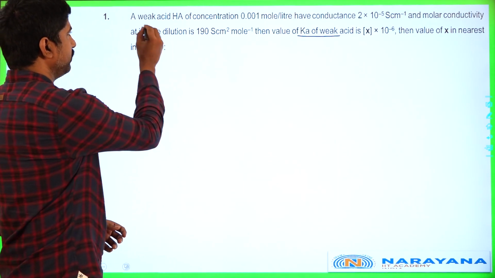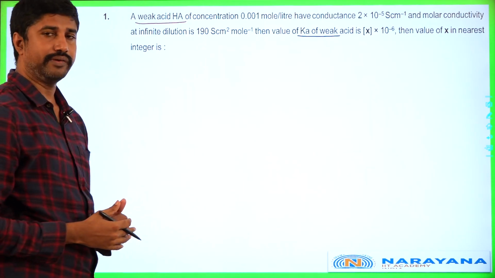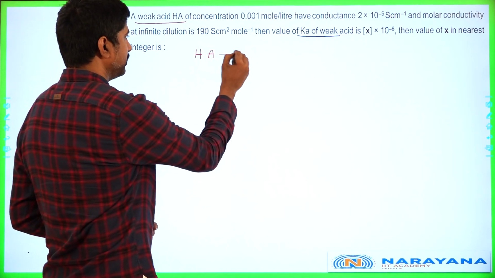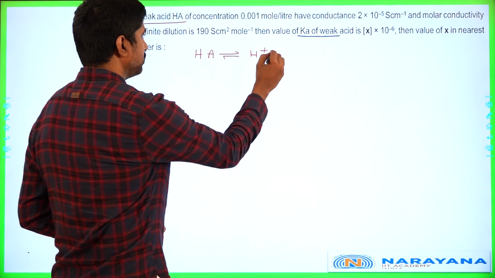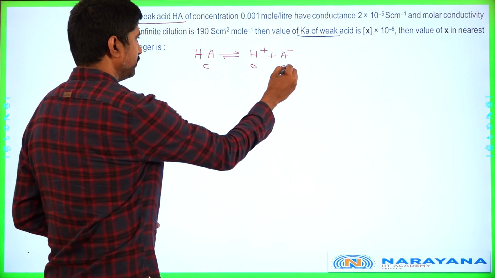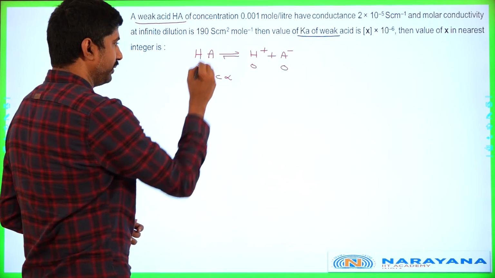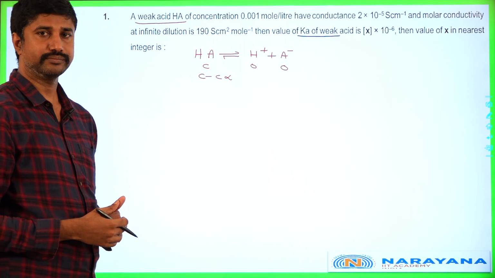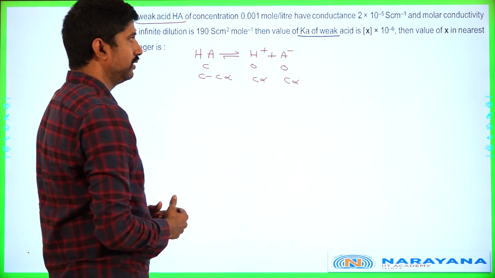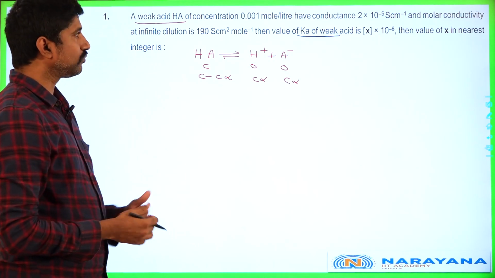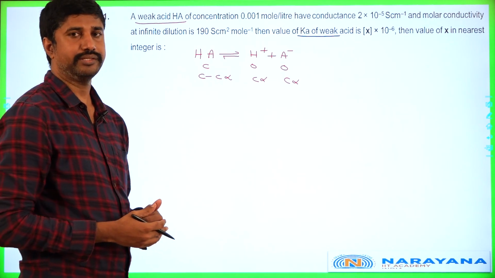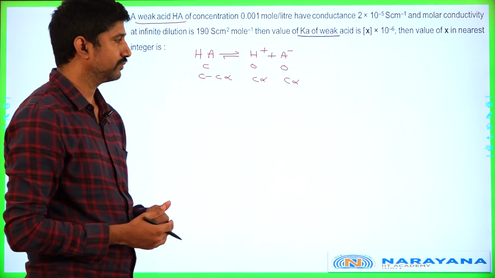As the given acid is a weak acid HA, we know that generally HA is always in equilibrium with H plus and A minus, and if you start with C, 0, 0, we can write at equilibrium C minus C alpha, C alpha and C alpha. We need to find the degree of dissociation alpha, and they are asking for the acid dissociation constant Ka.